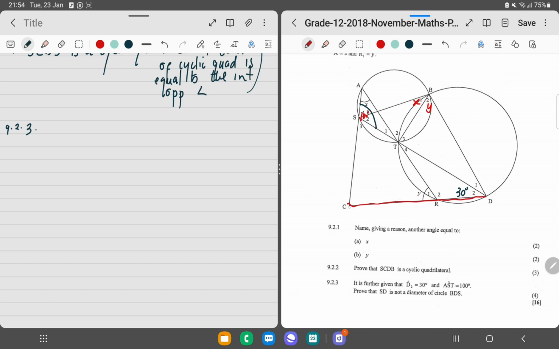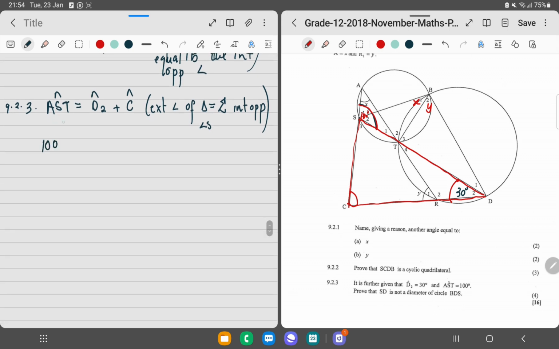Look at this triangle right here. So this angle should be equal to that plus that. So we will say AST should be equal to D2 plus C. The exterior angle of a triangle is equal to the sum of the interior opposite angles.